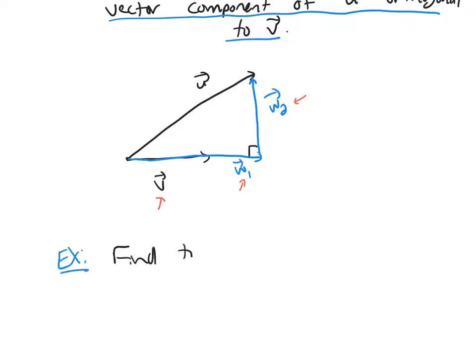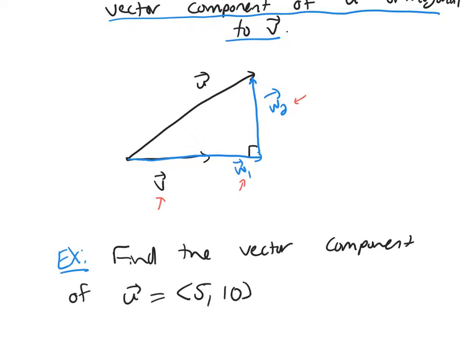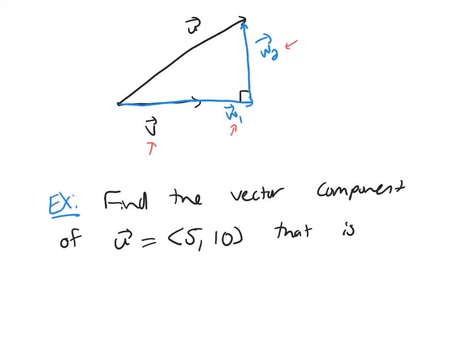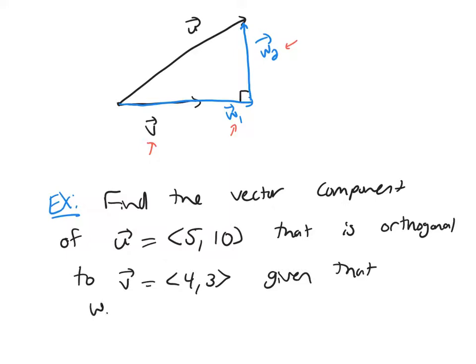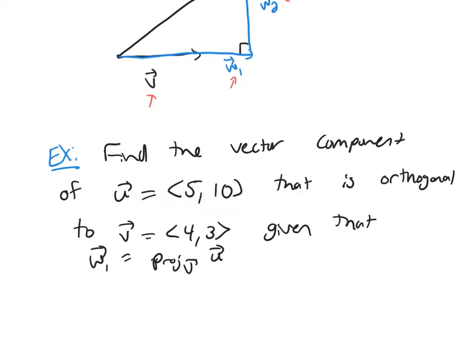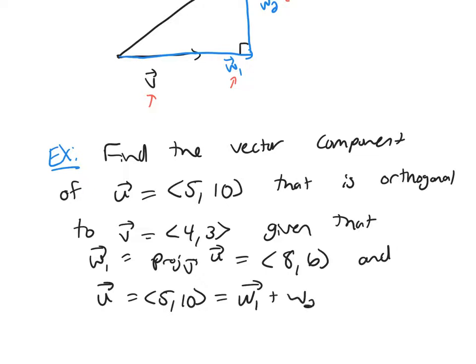Let's find the vector component of U, which is going to be the vector 5, 10, that is orthogonal to V, 4, 3, given that W1, our projection of U onto V, is going to be the vector 8, 6, and U, 5, 10, is the summation of W1 plus W2.